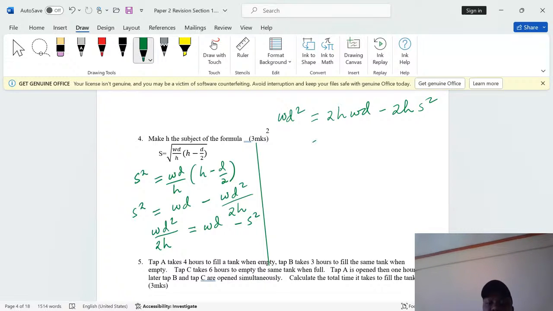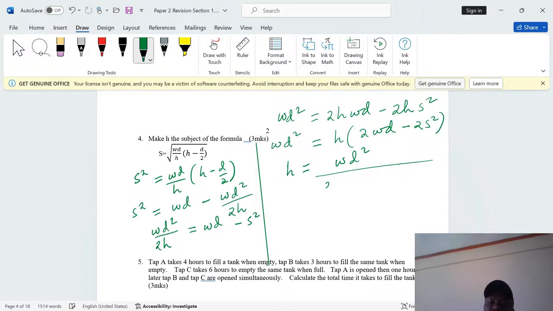And at this point now, we can factor out our H. Then we remain with 2WD minus 2S squared. Then we have WD squared. To remain with H now, we can have our WD squared divided by 2WD minus 2S squared. So this is now the expression that gives us H.